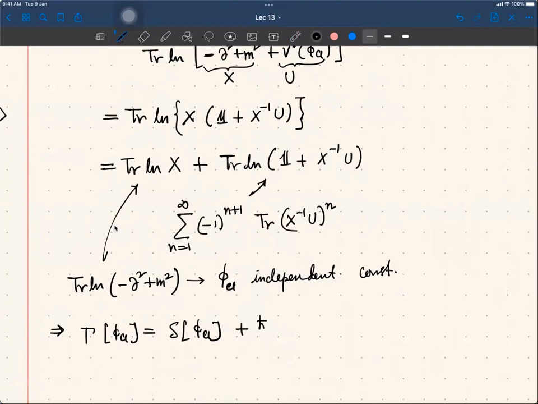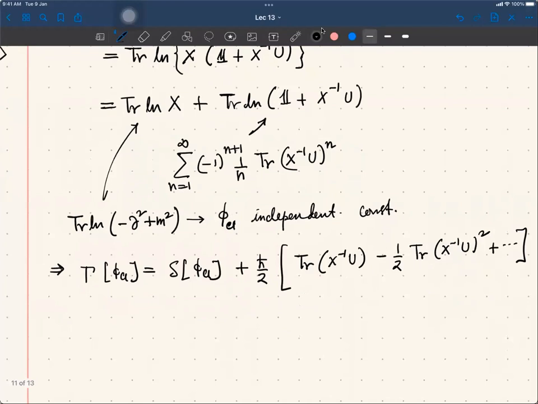For n equal to 1 it is trace of X inverse U, minus, there is a 1 over n in the logarithmic expansion, that was a mistake that I made, so minus half trace of X inverse U squared, and so on.